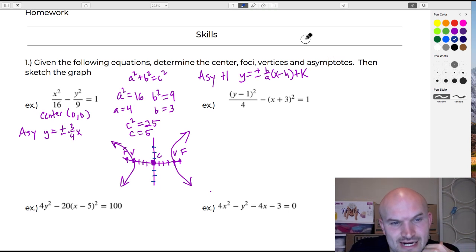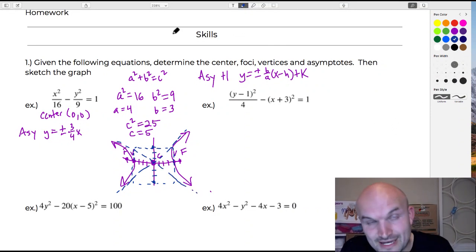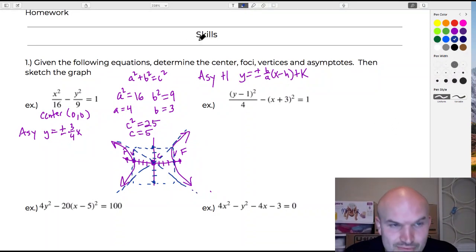But if you create a box with your co-vertices and your vertices, what you notice is that the asymptotes actually go through the corners of that little box. So just a nice little neat thing to represent. A lot of times people have trouble graphing y equals plus or minus 3/4 x, and there's where you can get those asymptotes as well, just through that box there.